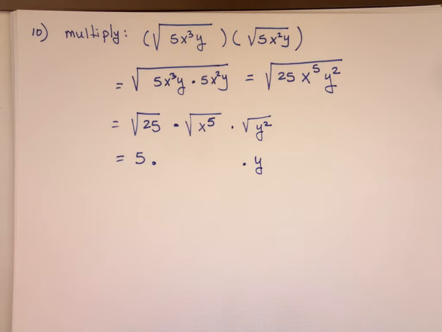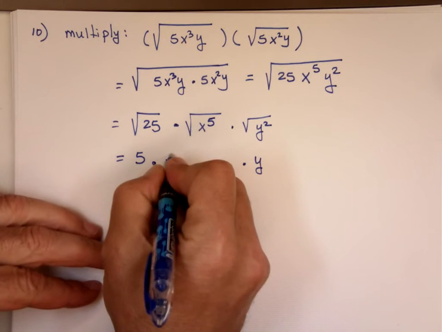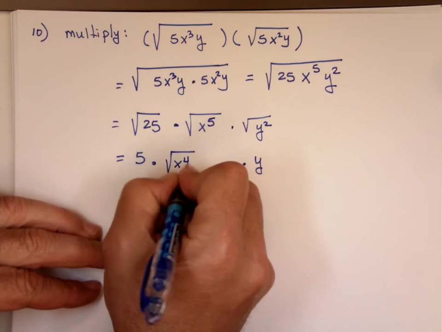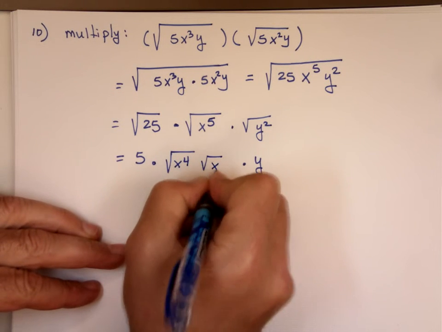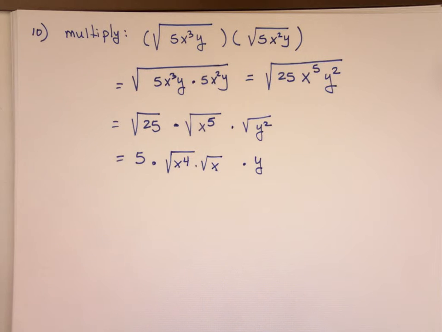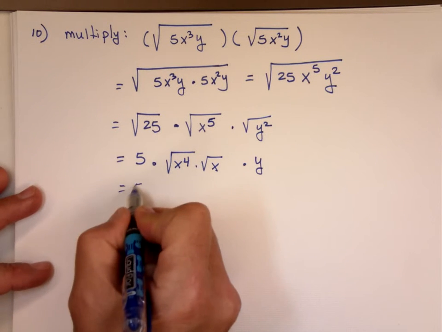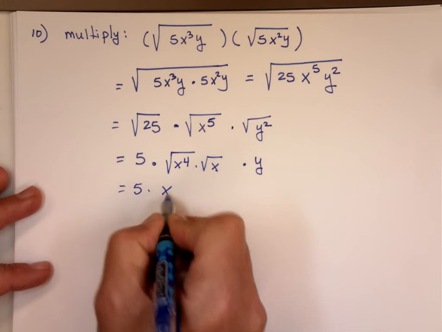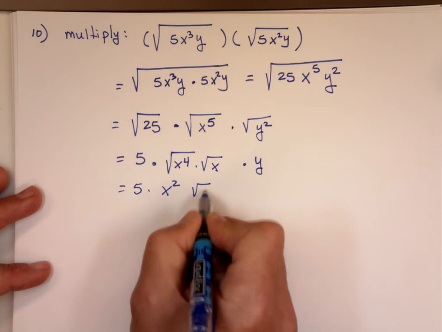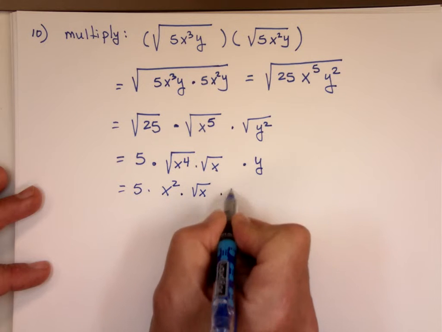I got to break it down to 4 and 1, because when you multiply, you add the exponent. And what is the square root of x to the fourth? That's x squared. And it doesn't matter which one you write first.